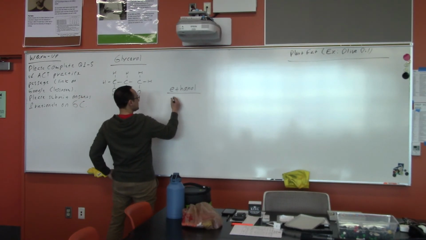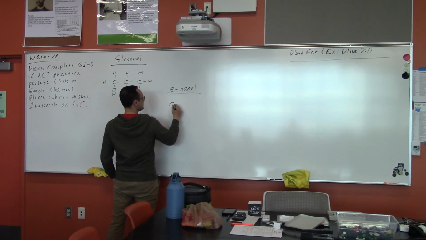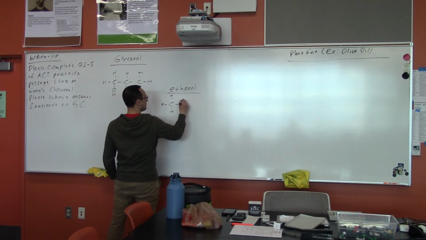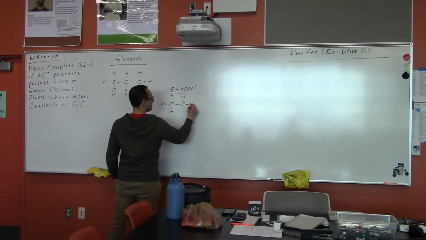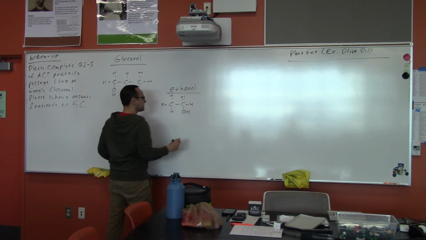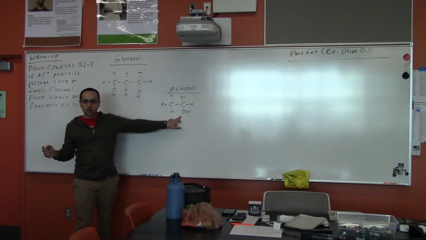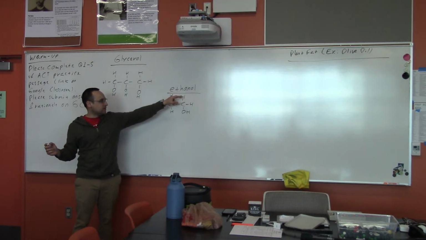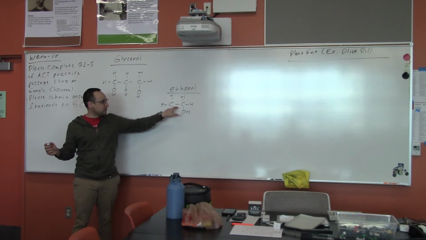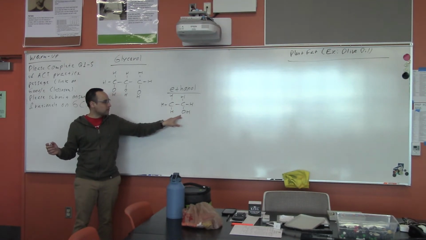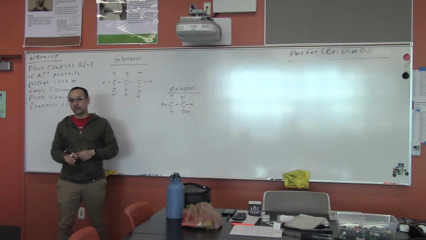But this is what it looks like. It's C2H6O, like that. So there's one alcohol group on this ethane, or ethyl, backbone. It's 2 carbons, and then one of them is bonded to an OH group.